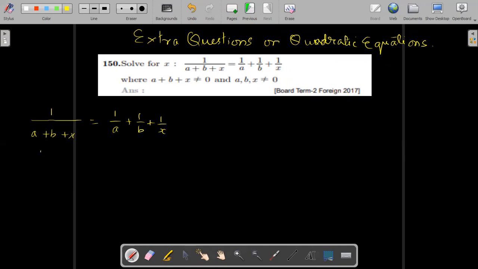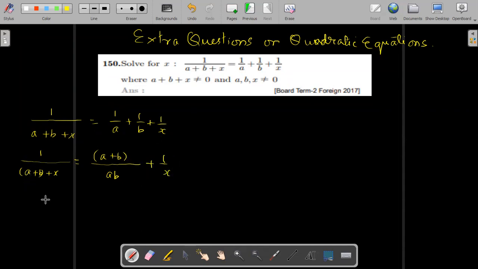Okay. So 1 upon this is a plus b plus x. You can write in brackets here. First I will take this LCM ab. This b will come here, a will go there. So b plus a, that can be written as a plus b again, plus 1 by x.